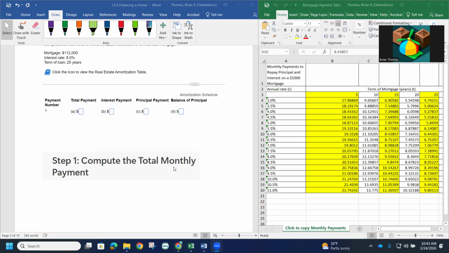So step one, we're going to use the table. The rate of interest is 8% over 25 years.